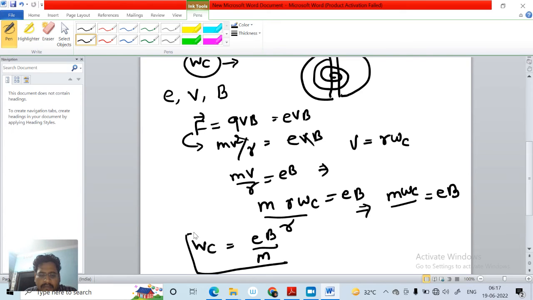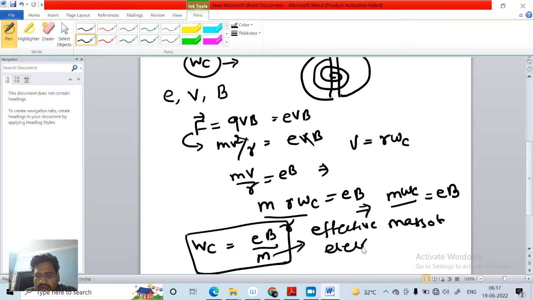But you see here this m is not the mass of the electron, it is the effective mass of the electron, because when the electron moves in a conduction band, it feels the force due to the other electrons present in the conduction band, and also from the lattice ions, and that's why its mass changes. This mass is the effective mass.